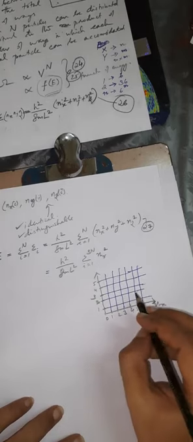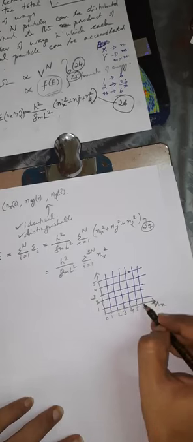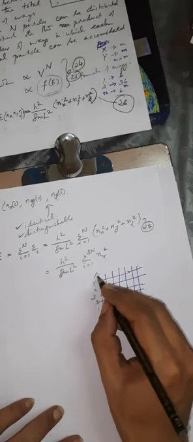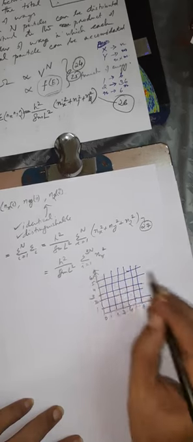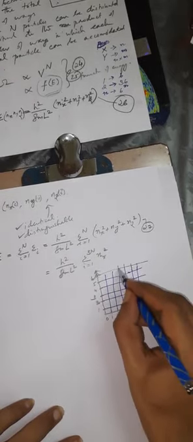So in the x space it can move a maximum to 6. In the y space it can move to a maximum of 6 over here, right? This is just another representation.